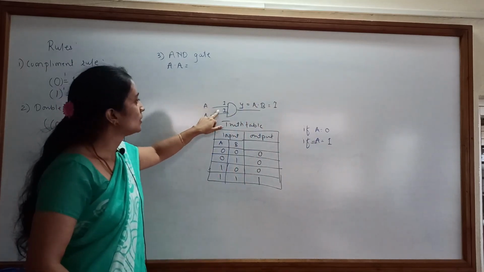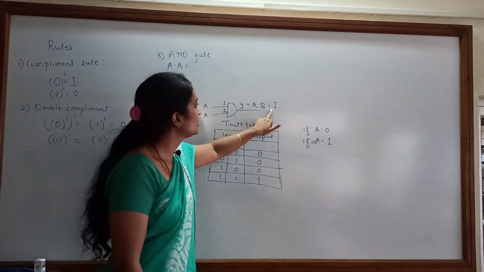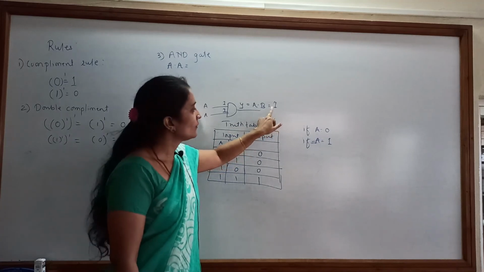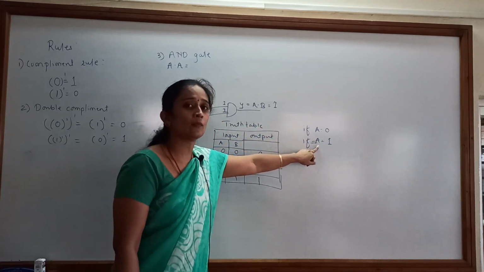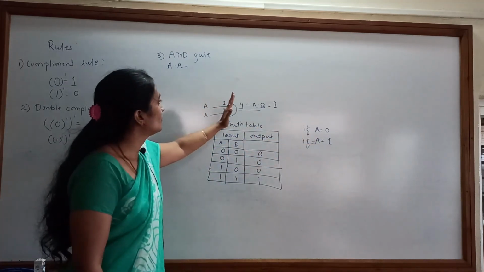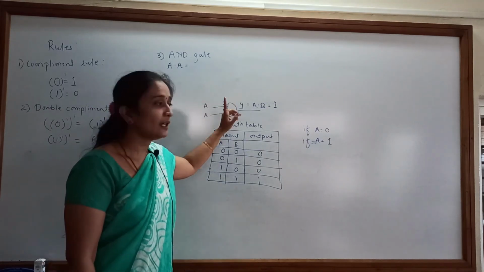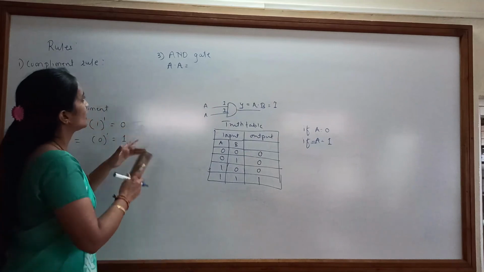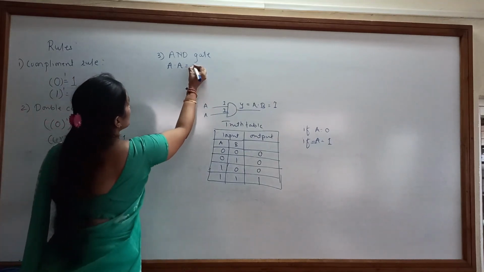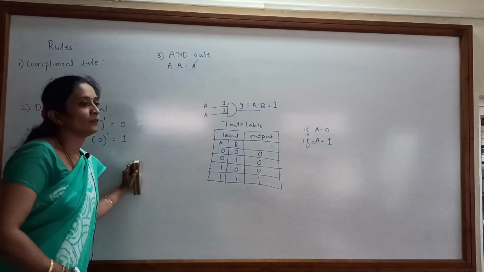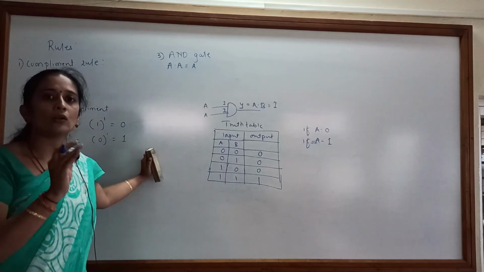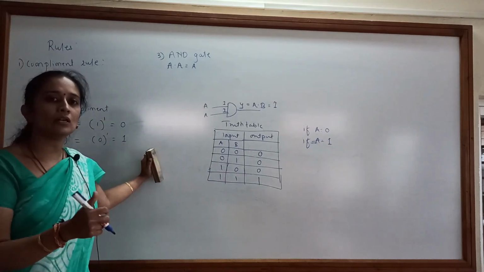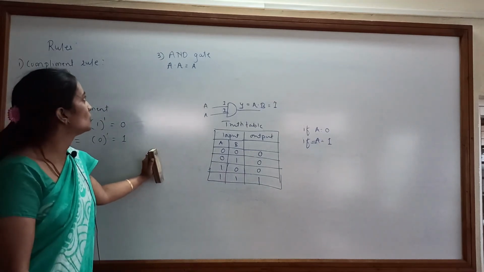If you give value A is equal to 1, you are getting answer 1, which is nothing but again A. Means whatever you are giving or providing to the AND gate, the same you are getting as a output. Therefore, we can write as A into A is equal to A. Whether it is 0 or 1. Leaving 0 and 1, you will not get any value.